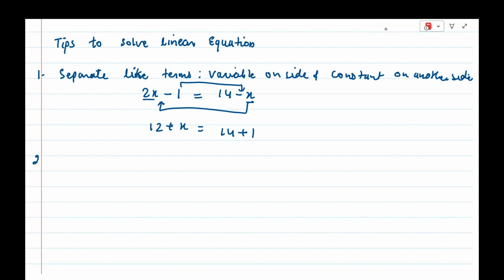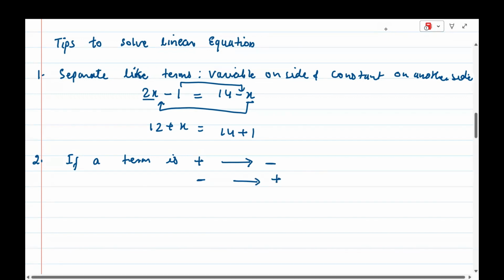Second rule, how the number change this side. So the first rule is if a term is positive on one side, going to another side, it will become minus. Same way, if it is minus, going to another side, it will become plus.